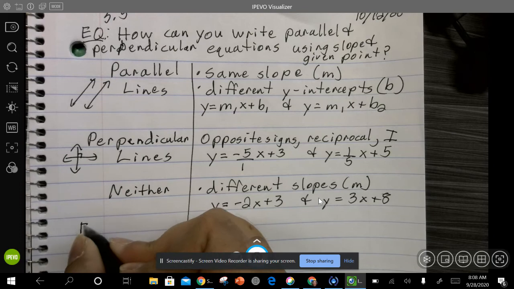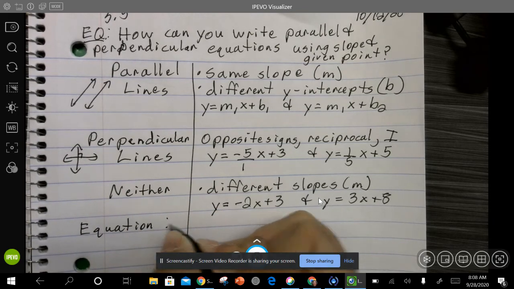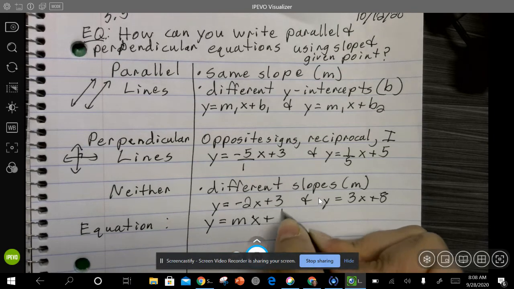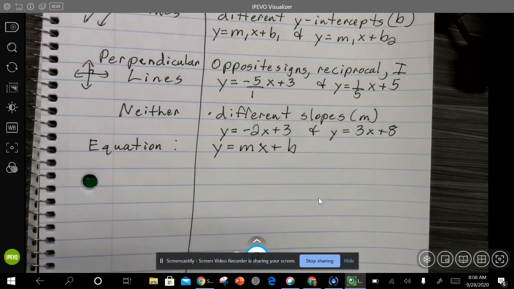So our equation for lines is y is equal to mx plus b. Okay, so let's do an example, everybody.